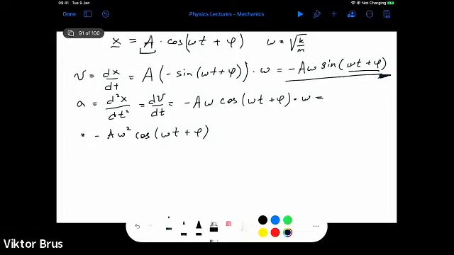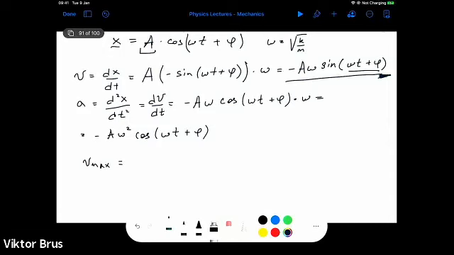And based on these equations for the velocity and acceleration, we can define the maximum values, so-called amplitude values, for the velocity and acceleration. And this will be V maximum. How do you think, what will be the maximum velocity?